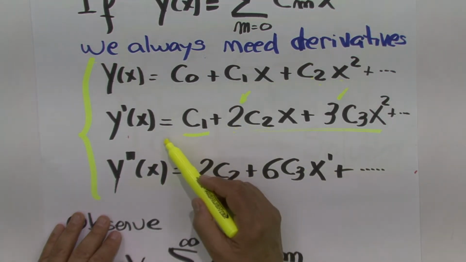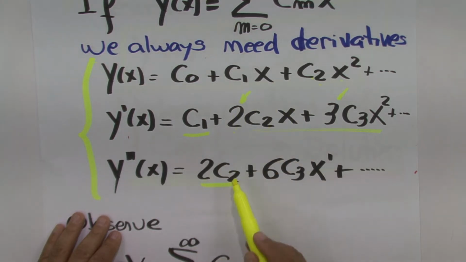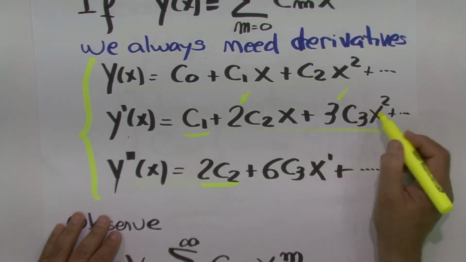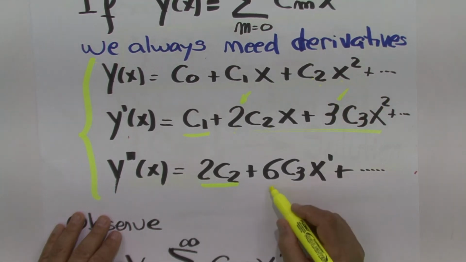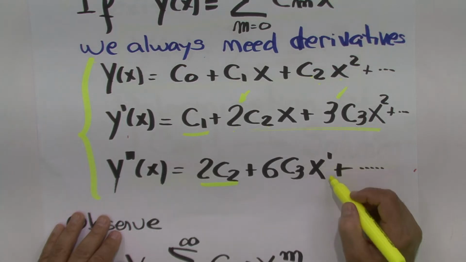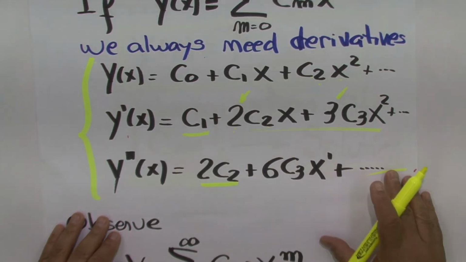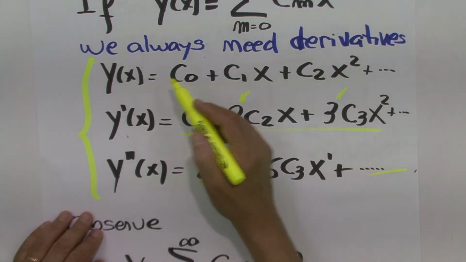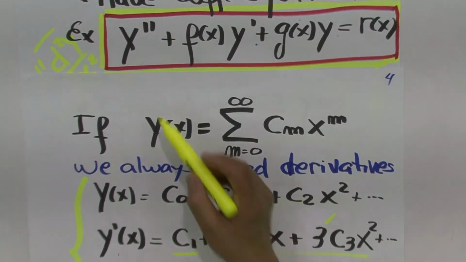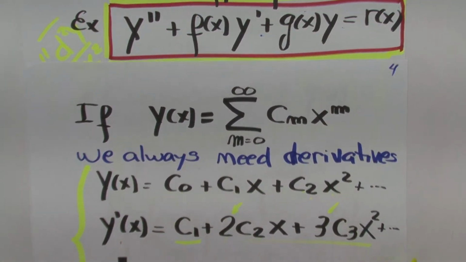And then this term disappears, and the first term that appears is 2 times C2. And then here comes another 2, so it will be 2 times 3, which is 6, C3 times x to the 1, plus the other terms. So we keep doing this forever. So you see, now each part of the differential equation is a whole series.